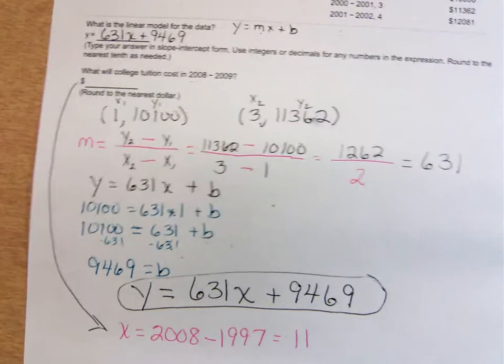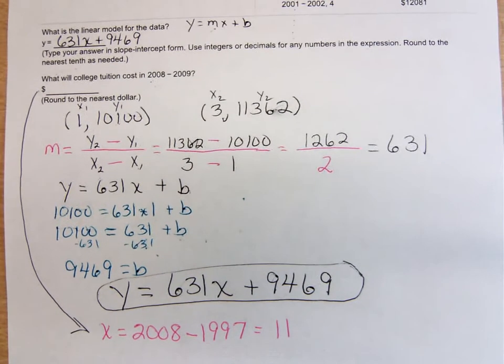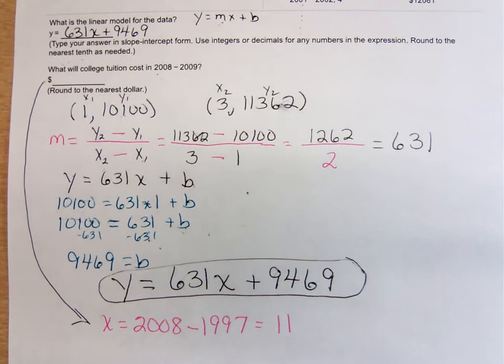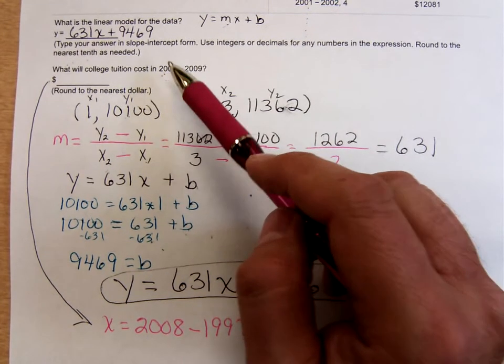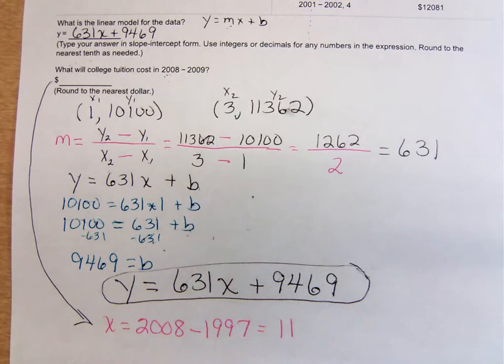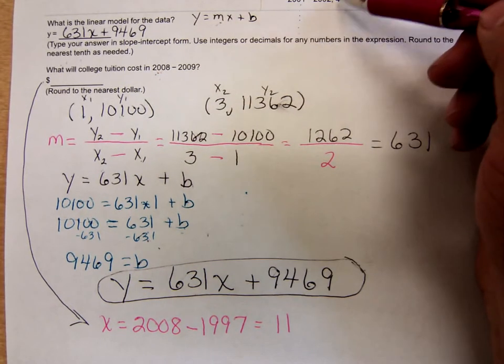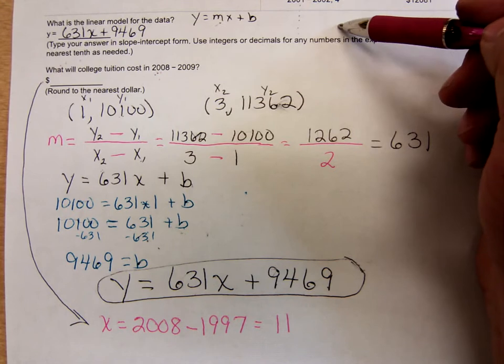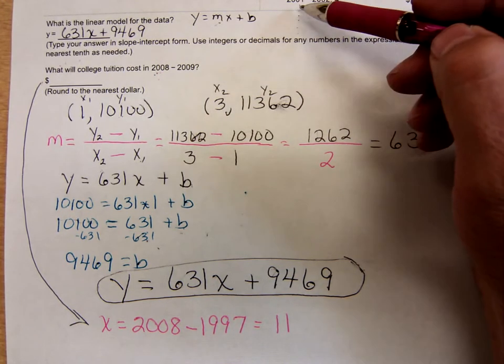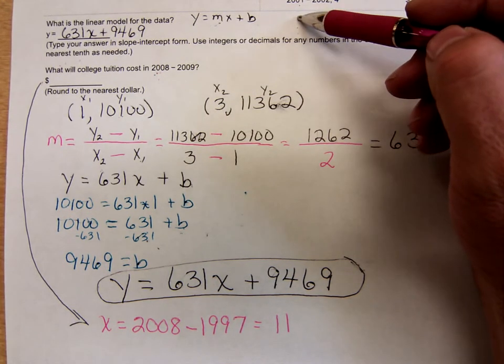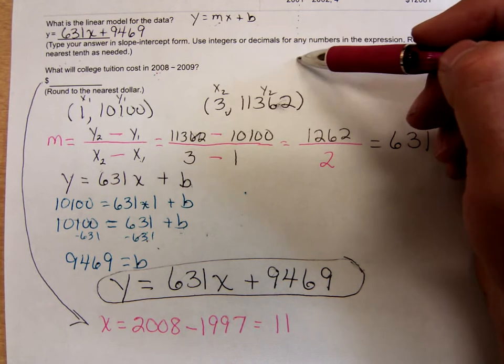So you first calculate your X value. Take the fall year and subtract 1997. That'll get you the X. Or you can just continue your table out: 5, 6, 7, 8, 9, 10, 11.